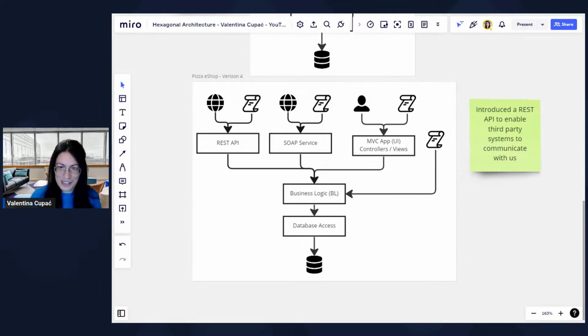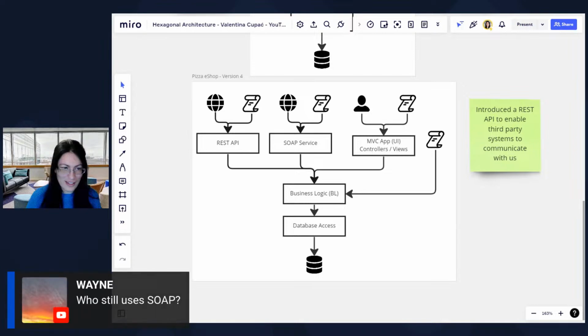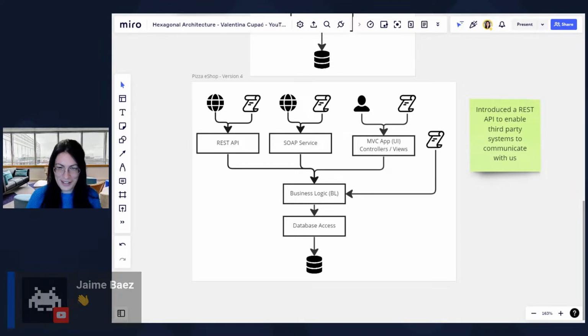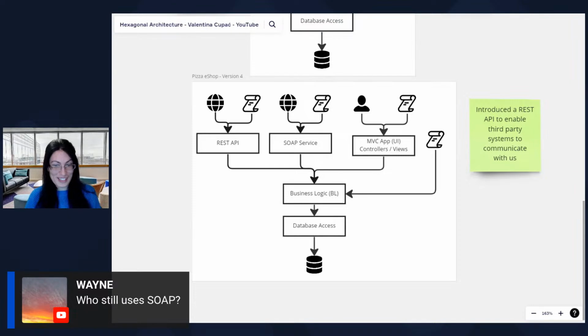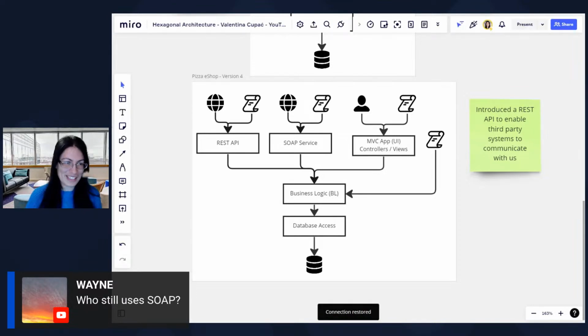I like the question, so I'm already seeing some questions in chat. So hello, and who still uses SOAP? I like that question. Not that many people, but there are still some companies who are using SOAP.